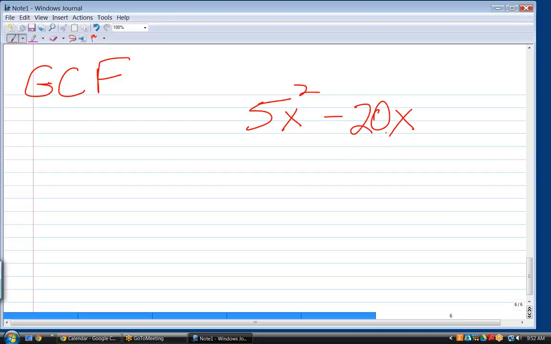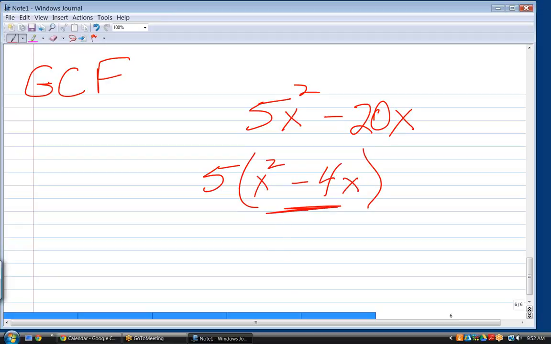Make it a better problem. What's the greatest common factor? 5. What's left? x squared minus 4x. Okay. 4x? Yes. Okay. Now examine this expression.